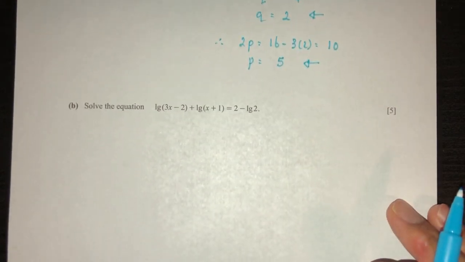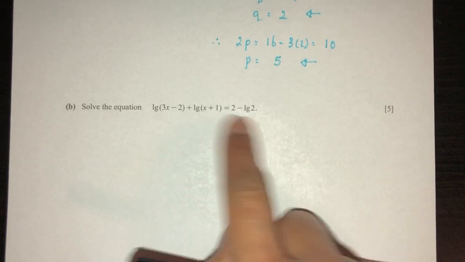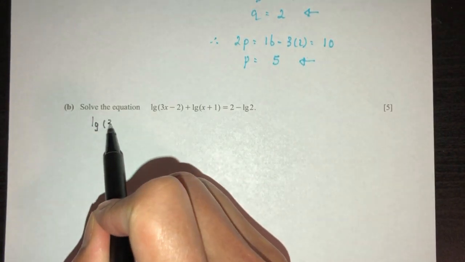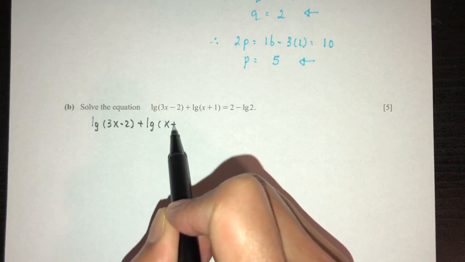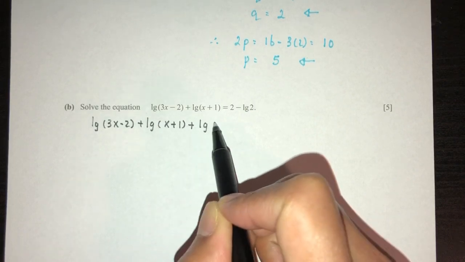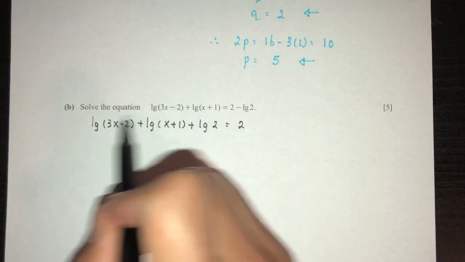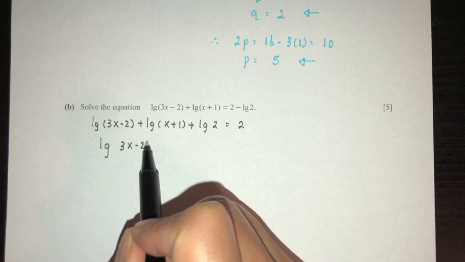Now let's move on to part B of the question. Here we have a logarithm equation to solve. First thing, let's send every log to one side. You will have log of 3x minus 2 plus log of x plus 1 plus log of 2 equal to 2. Since all the logs have the same base, we can combine them together. Take one big log, and here we have 3x minus 2.